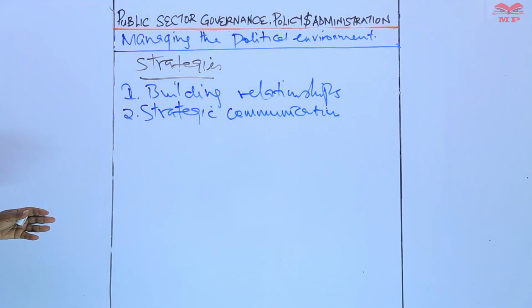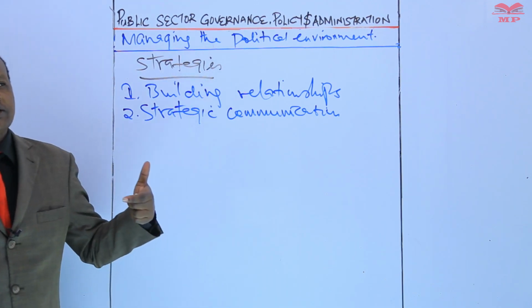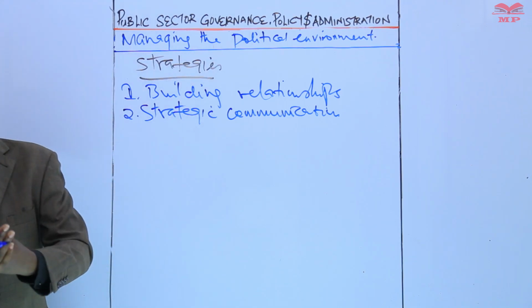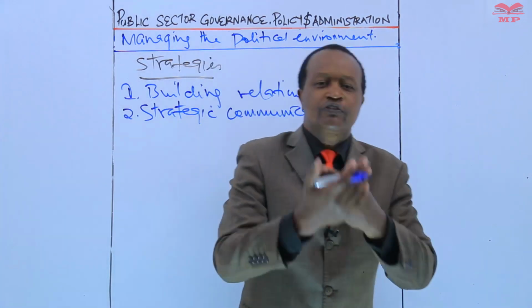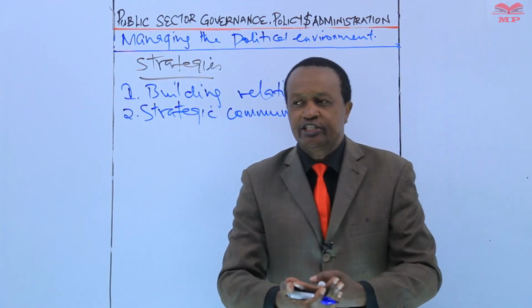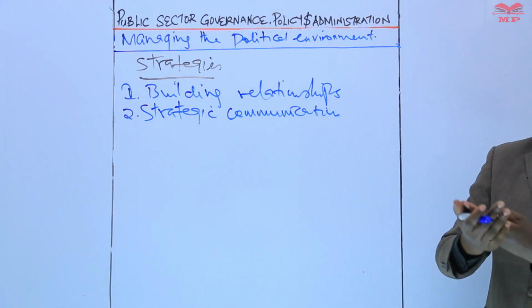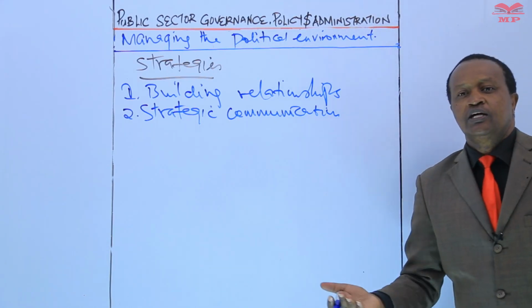The second strategy is strategic communication. Managing the political environment can be done through strategic communication. That means developing and implementing a comprehensive communication strategy, which is essential to inform and engage the public, to manage expectations and also to build consensus around policy issues.